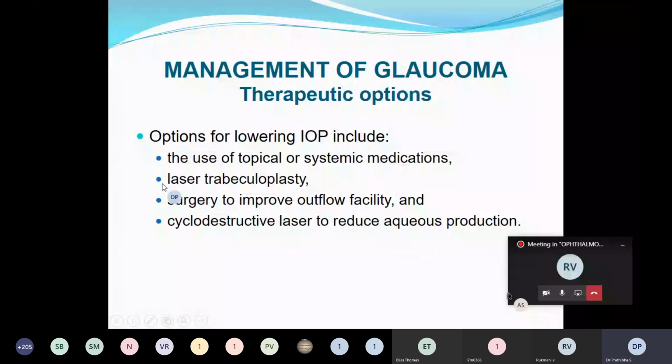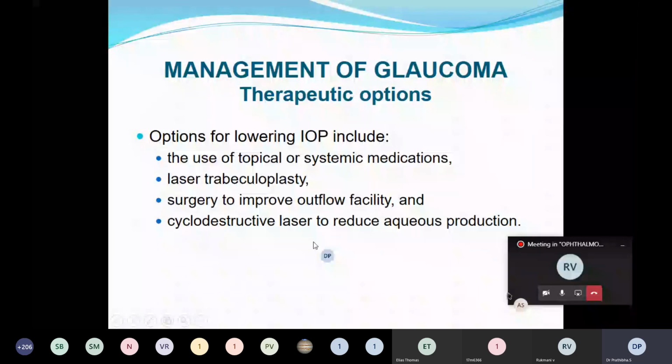It works better. If these two don't work, then we can go ahead and do surgery. Surgery includes trabeculectomy or using drainage devices. Glaucoma drainage devices are also there. And if that doesn't work, then the final resort will be a cyclodestructive procedure.